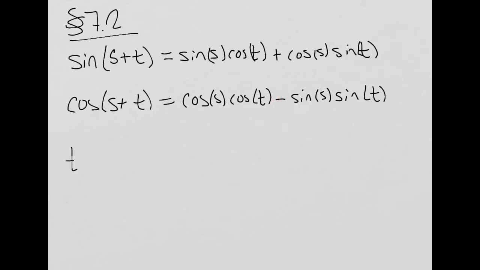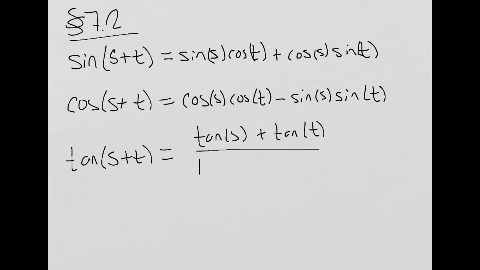Your book lists formulas for the tangent of s plus t. Now you can go ahead and memorize the one that your book gives: tangent of s plus tangent of t over 1 minus tangent of s, tangent of t.